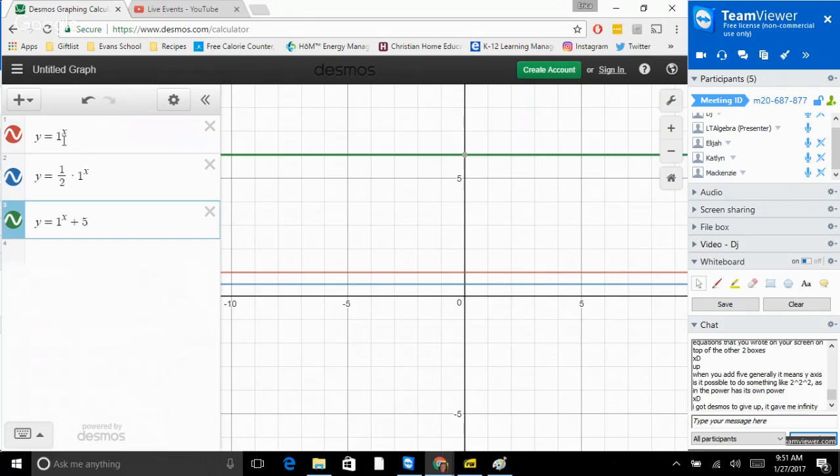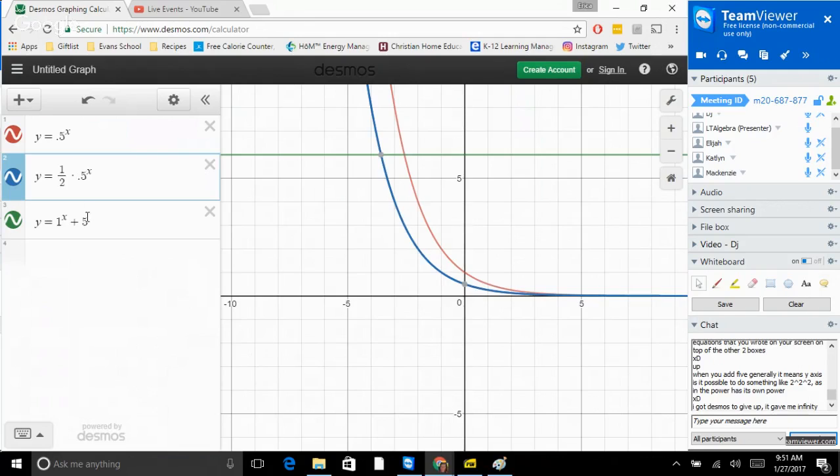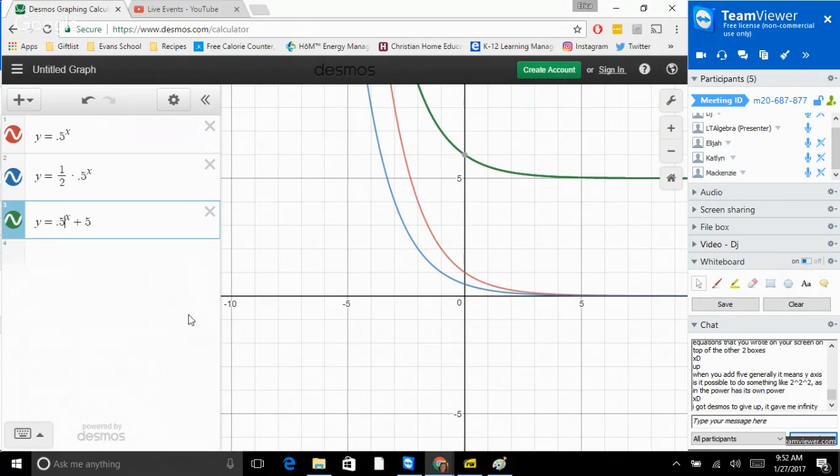But when you have a number that you're raising to the x power and it's between 0 and 1, so let's take 0.5, which is right smack in between 0 and 1, instead of having growth functions, we have decay functions.